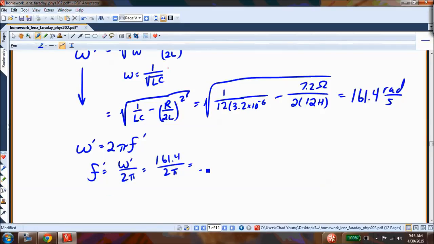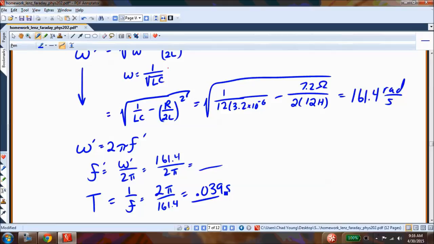I don't know this value offhand, it is what it is. I also want to know T, which is 1 over the frequency. So that's going to be 2 pi over 161.4. That's really the number that I want to know, and that number is equal to 0.039 seconds. This is the period of the oscillation that occurs in this RLC damped circuit.